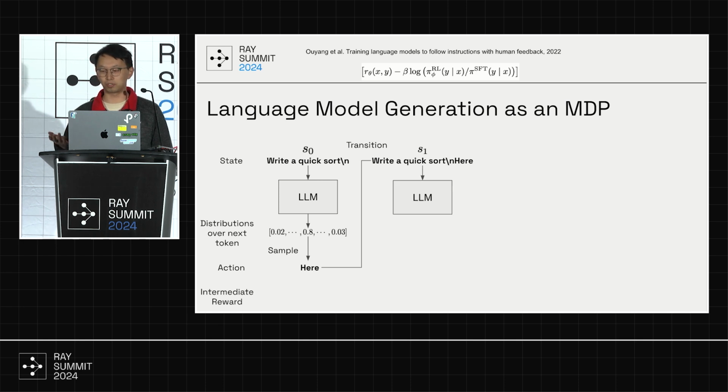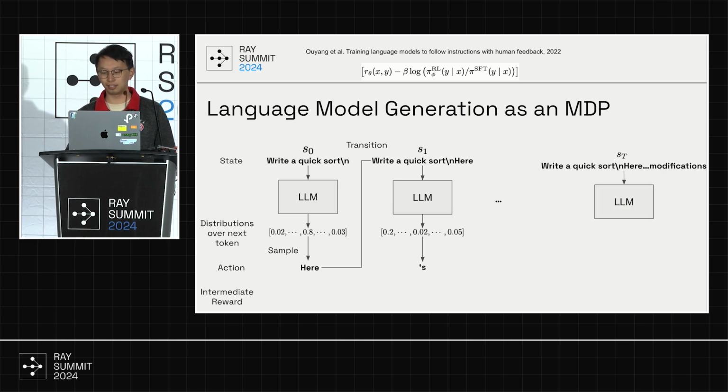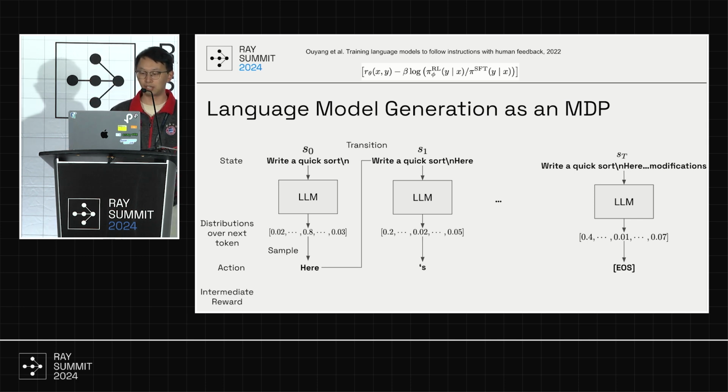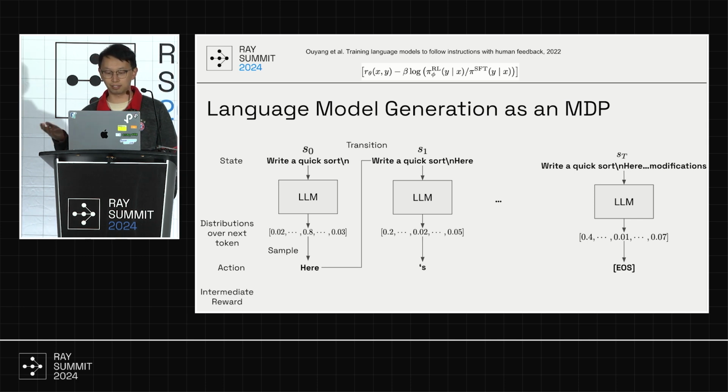And then we send it to the large language model again, and it outputs the probability distribution of the next token. And then we just keep sampling until the end. The last token should be the end-of-sequence token, and then this sampling procedure ends.